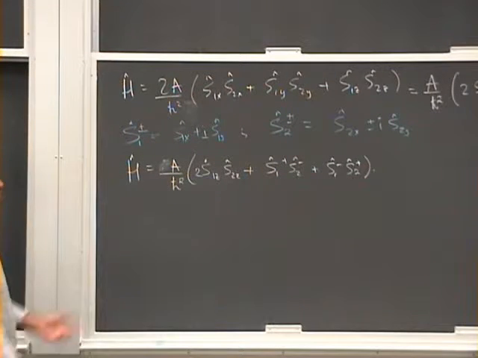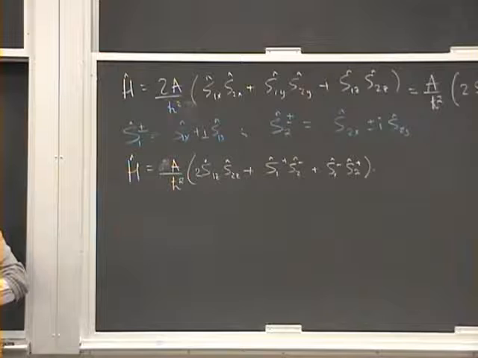Now we would like to diagonalize this Hamiltonian because we want to find the eigenstates and the eigenvalues for the hyperfine interaction. If you would like to diagonalize this, it's quite customary to write the Hamiltonian in matrix form, or represent it. To represent it, we have to choose a basis.